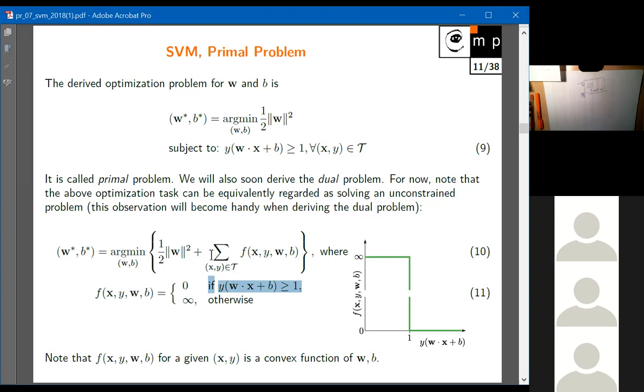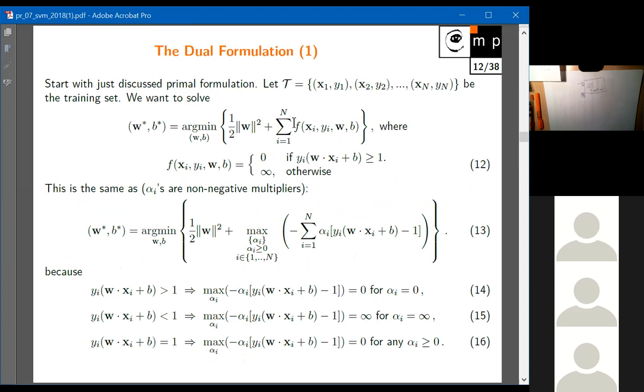Then if you minimize that new function and your constraint is not satisfied, you get infinity, so that will not be your solution if some feasible solution exists. If you find a place where all the constraints are satisfied, they add 0. So you are actually minimizing what we want to minimize in the first place. This is a way to transform a constrained optimization problem into an unconstrained one.